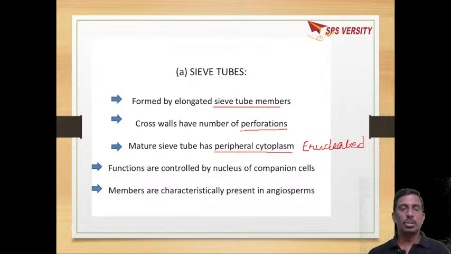Function of sieve tube elements is controlled by nucleus of companion cell. So every sieve tube element is associated with companion cell. Sieve tubes are characteristically present in angiosperms. Gymnosperms में नहीं रहता, सिर्फ sieve cells रहता.